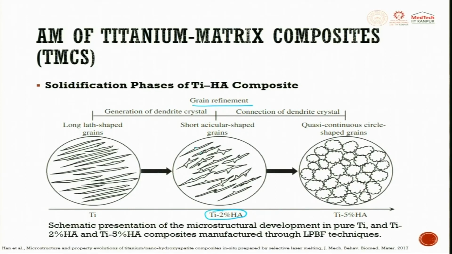So, you see here these are all acicular shaped grains, and then on further mixing with hydroxyapatite to 5%, it forms quasi continuous circle shaped grains. So, with 0% only Ti or Ti plus 2% HA and with 5% HA, you form generation of dendritic crystals, and then here you will try to have connection of dendritic crystals.